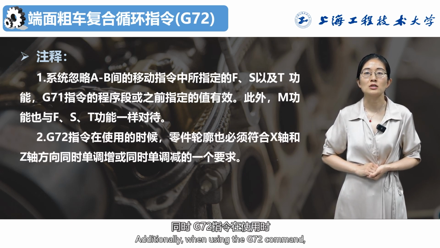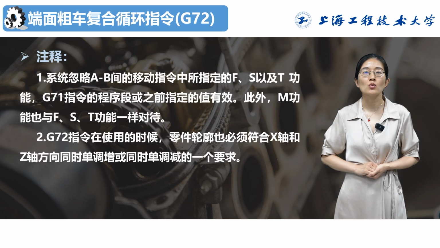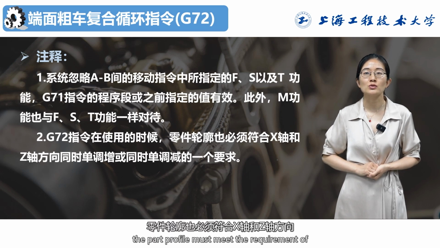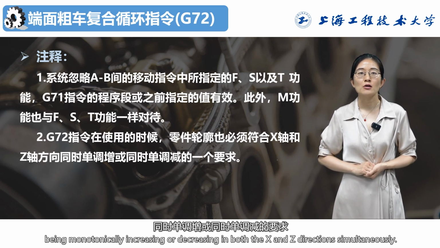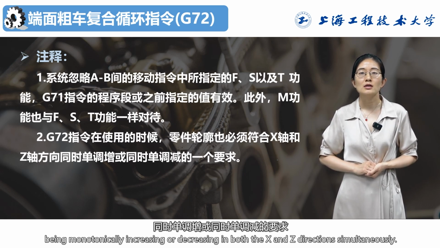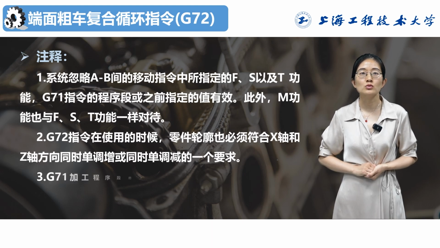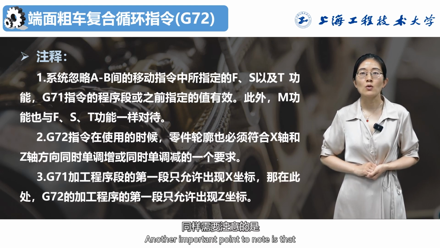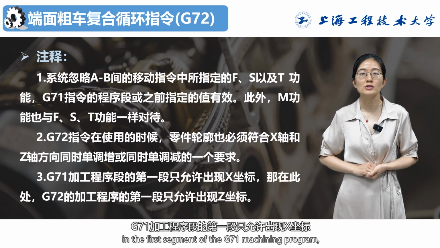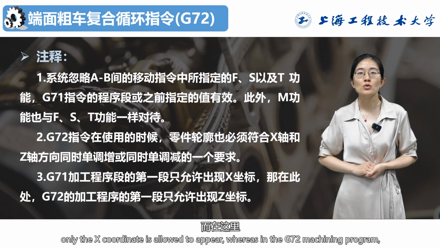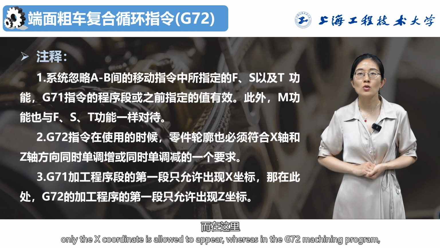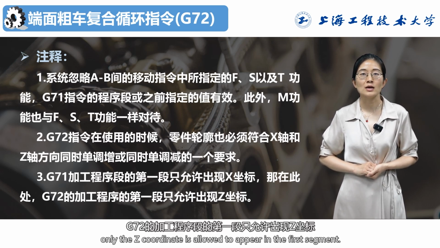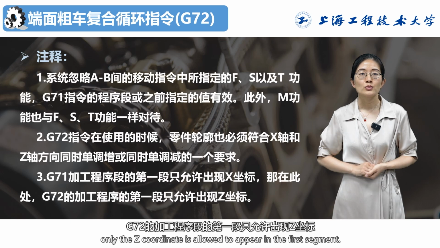Additionally, when using the G72 command, the part profile must be monotonically increasing or decreasing in both the X and Z directions simultaneously. Another important point to note is that in the first segment of the G71 machining program, only the X coordinate is allowed to appear, whereas in the G72 machining program, only the Z coordinate is allowed to appear in the first segment.